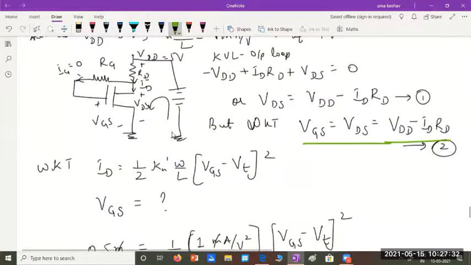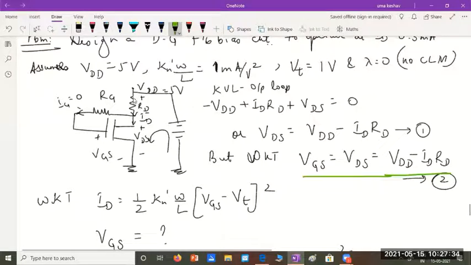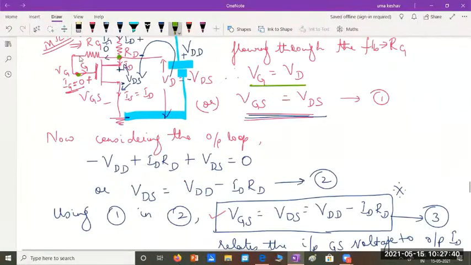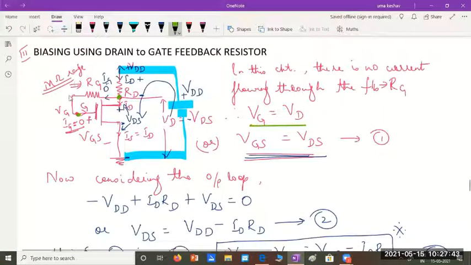Now we have designed this circuit, we have designed for this resistor. What about RG? I told you when we discussed this circuit, RG is just a resistor in the mega ohm range which is going to help us connect the output to the input side. It will just equalize the voltages at the drain and the gate.